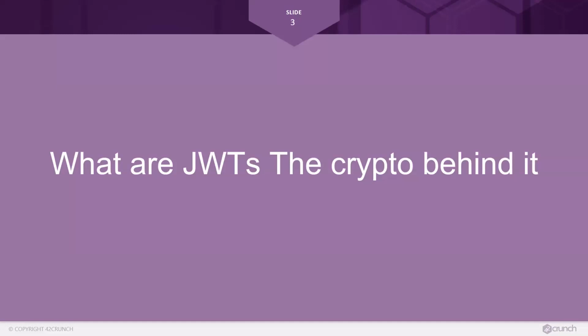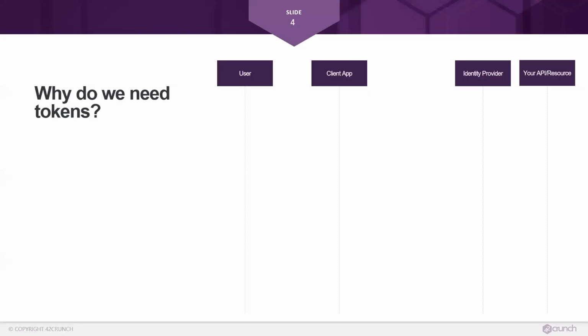So we're just going to talk about the JWT, guys, and let's go for it. The first part will be what are JWTs, or JWT tokens, and what is the crypto behind it. Okay, so first, why do we need tokens? We need tokens because we don't want our passwords and sensitive information to go over the internet, potentially captured by anybody.